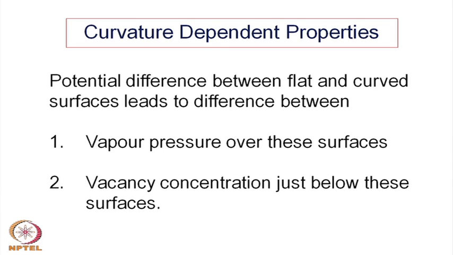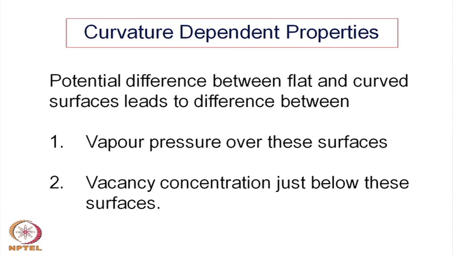And the vacancy concentration just below these surfaces also changes, because on the surface we cannot consider a vacancy to be on the surface. Vacancies are within the solid, a vacant space. In fact, coming to the surface it gets annihilated. So, the vacancies just below the surface also change, their concentration changes depending on whether it is on the flat surface or a curved surface.